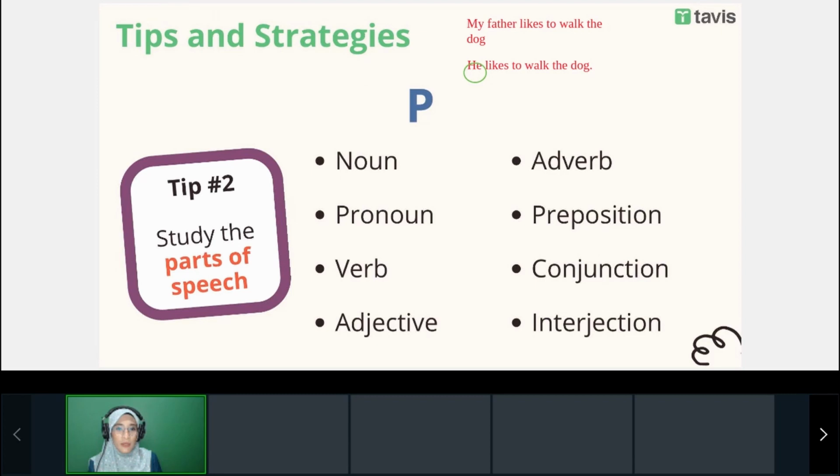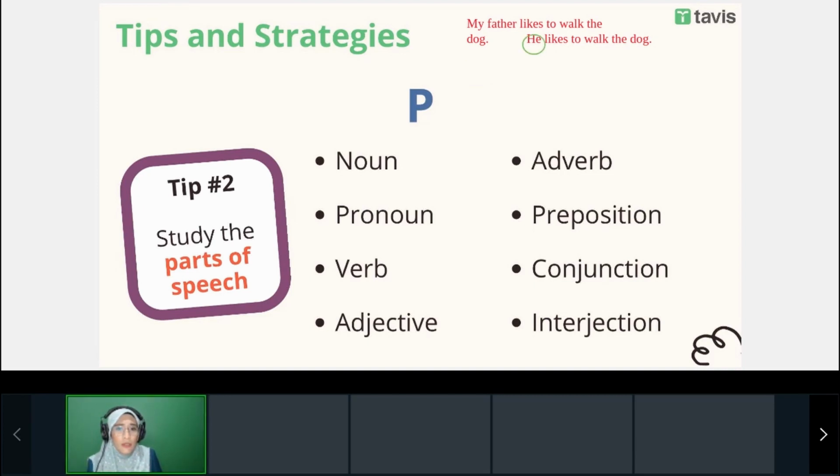So I'm going to put it here. But it's a little redundant because you have the introduction, my father likes to walk the dog, and he likes to walk the dog. So maybe you could change that.